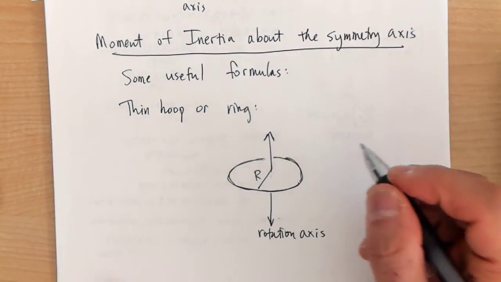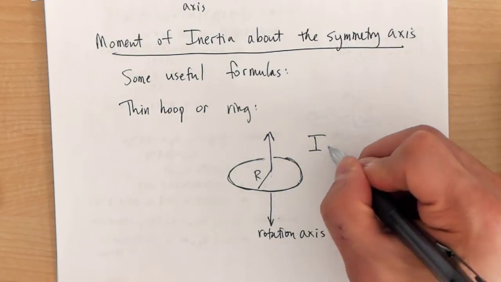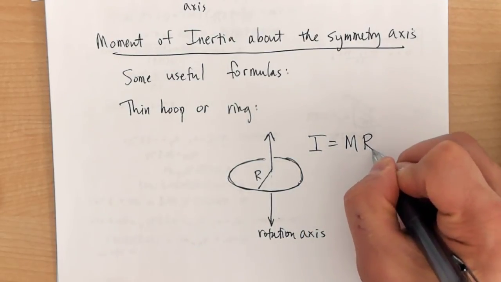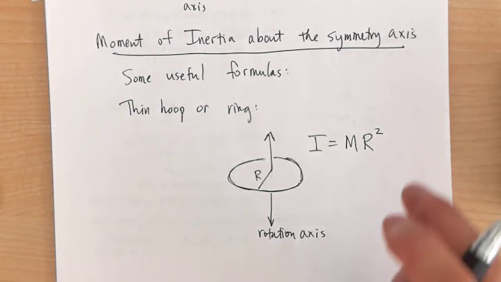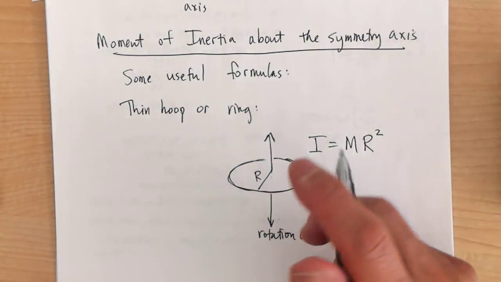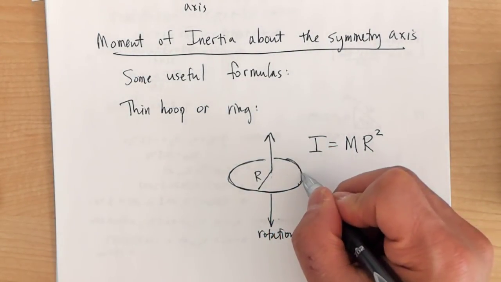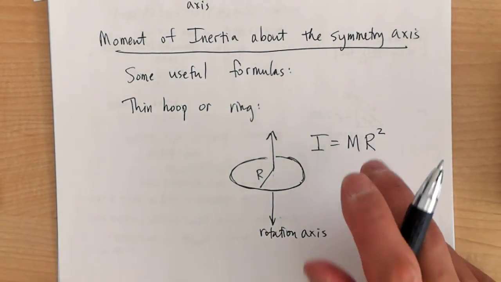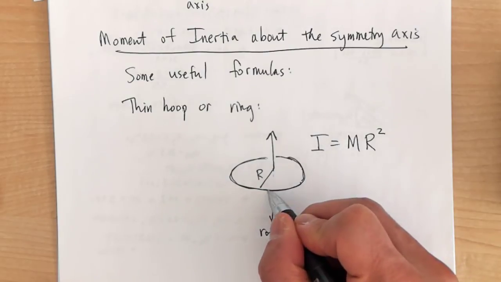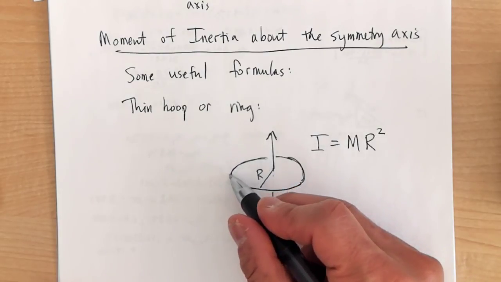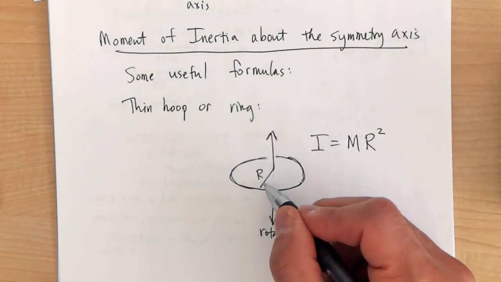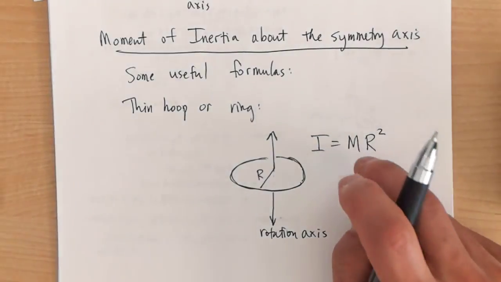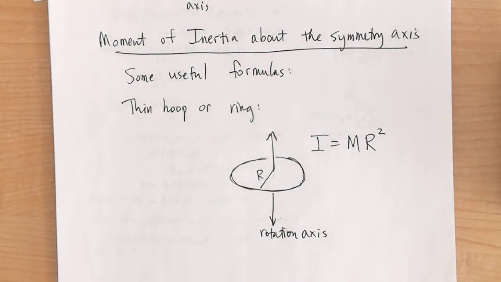And if the mass of the ring is capital M, then the moment of inertia is capital MR squared. It's just like the formula for a point particle at radius R. It's because you can think of breaking up the hoop into a bunch of point particles at the same distance from the rotation axis, and so they all add up with the same value of R.